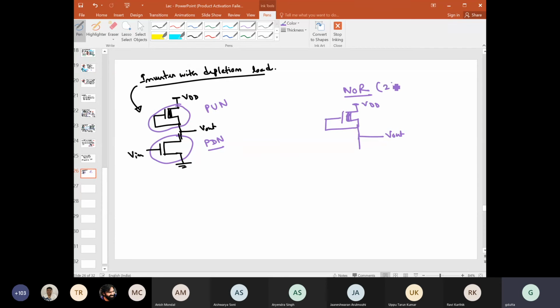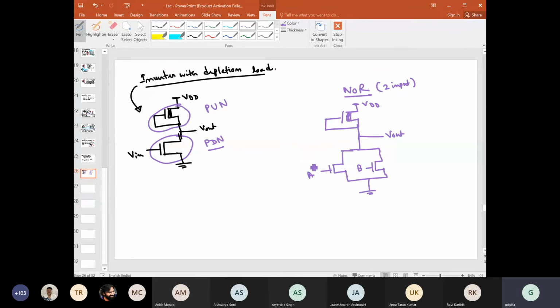Suppose we are making this two input. Then for the NOR gate, if we connect enhancement mode MOSFETs like this, hopefully that forms the NOR gate, but we need to check it.